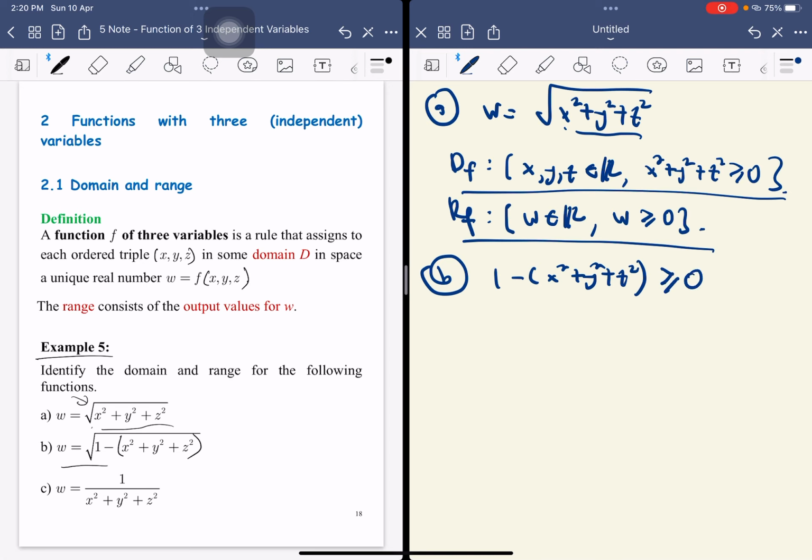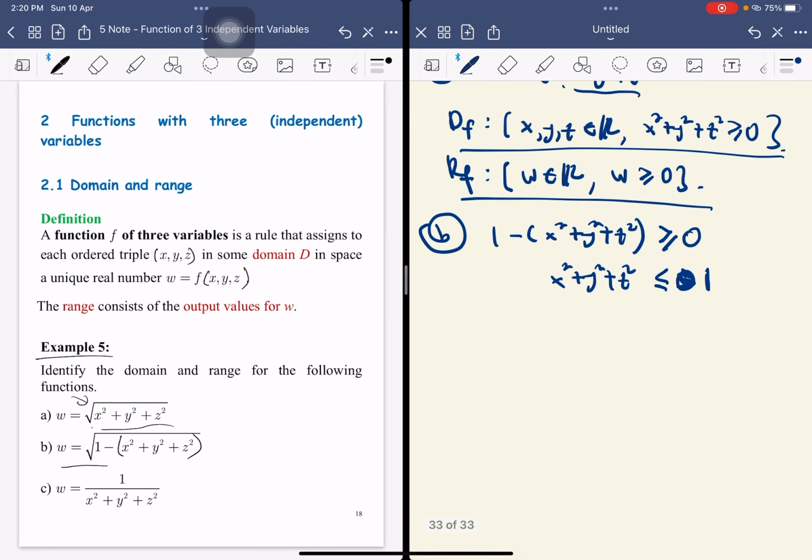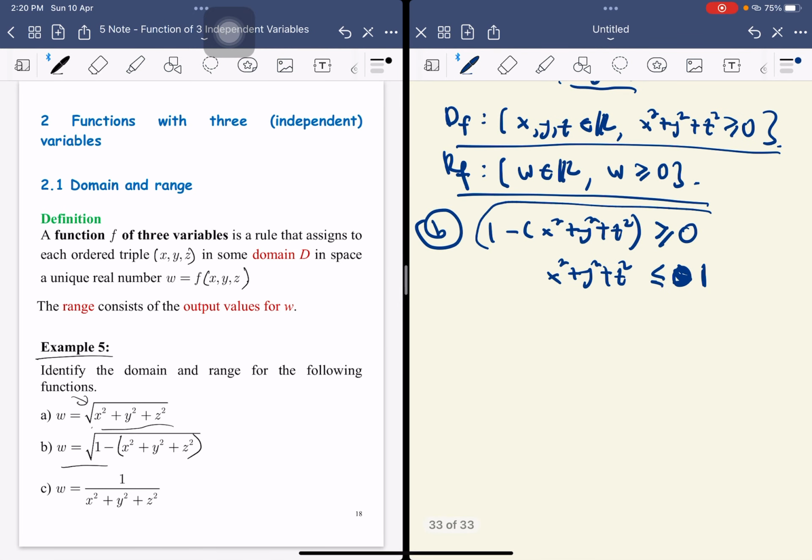With some modification, x squared plus y squared plus z squared is less than or equal to 1. So the domain is x, y, and z belonging to the real numbers, with the condition that x squared plus y squared plus z squared is less than or equal to 1.